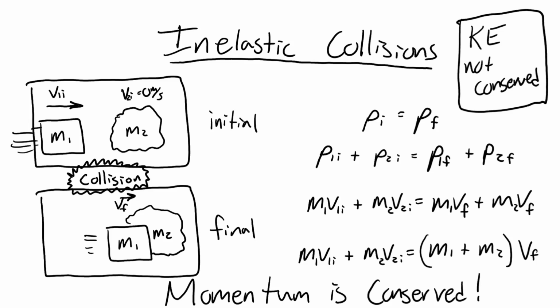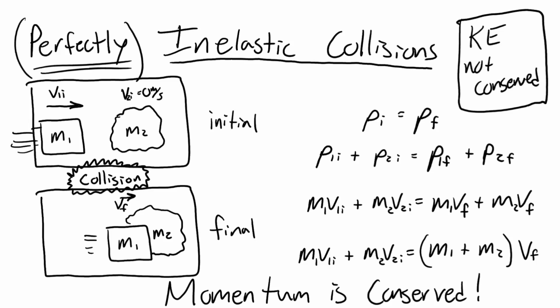For all intents and purposes in this class, we're just looking at perfectly inelastic collisions where they stick together. Partially inelastic collisions, they don't necessarily stick together, but you could tell that they're inelastic because kinetic energy is not conserved.